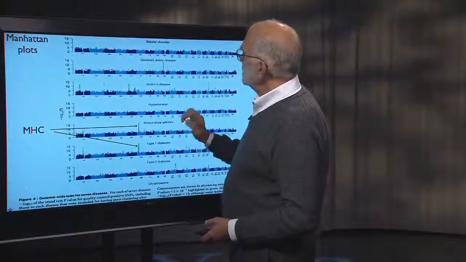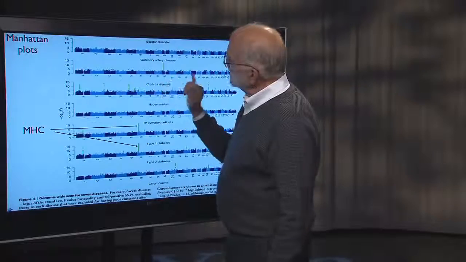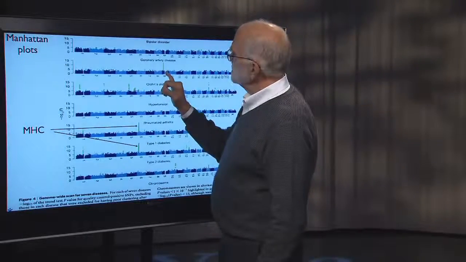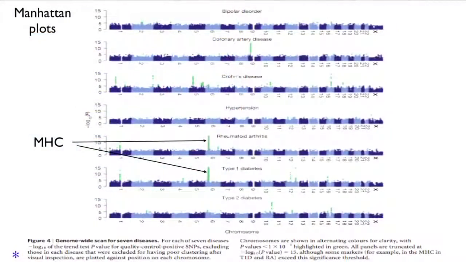Here, for coronary artery disease, we see, oh my goodness, there is a gene there which is on chromosome 9, and it's having an effect on the risk of heart disease which is significant at the level of 10 to the minus 15th. So this is a minus log scale for base 10. That would be 1, 10 to the 0, and 15 is 10 to the minus 15th probability.